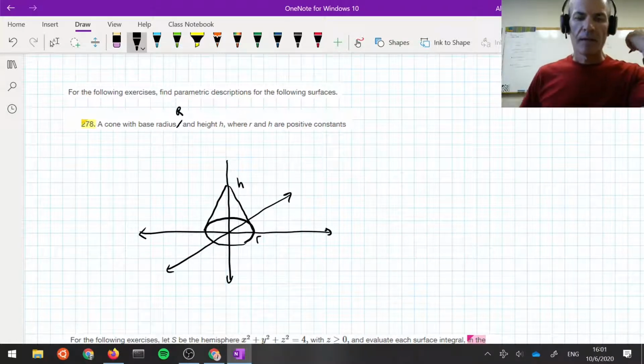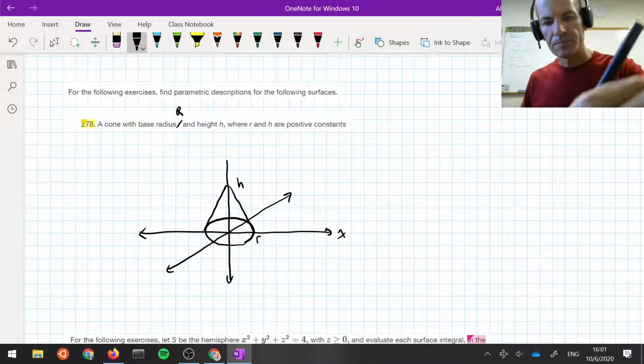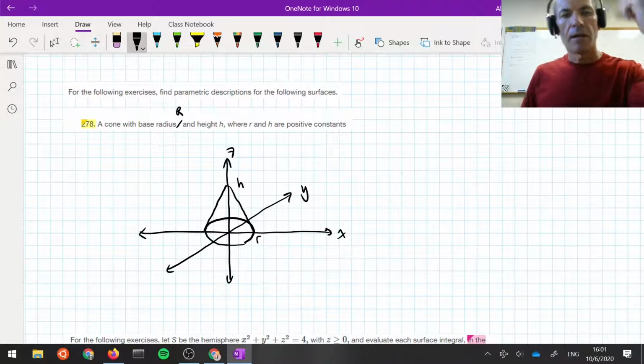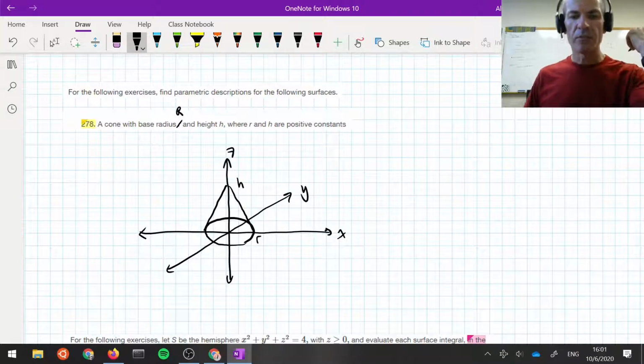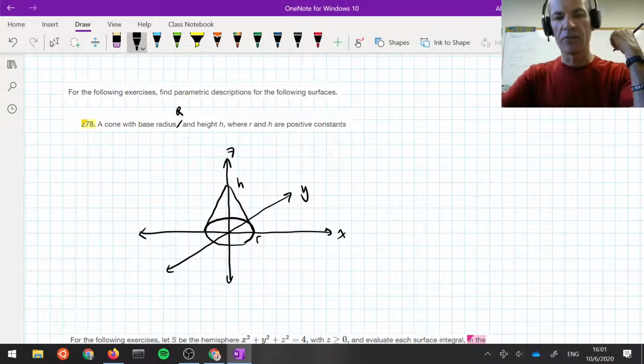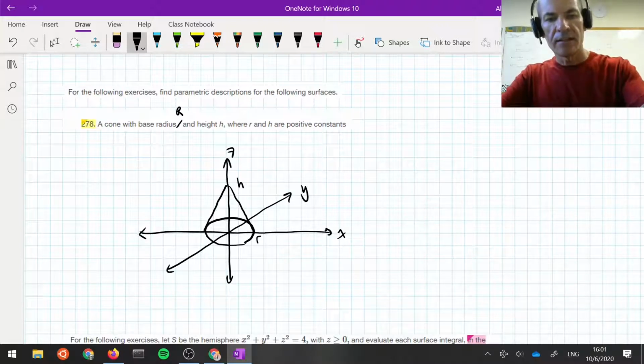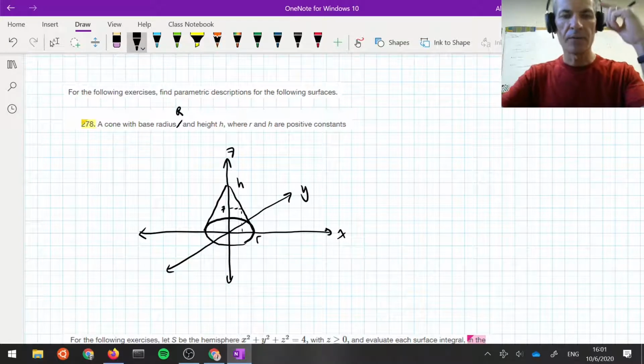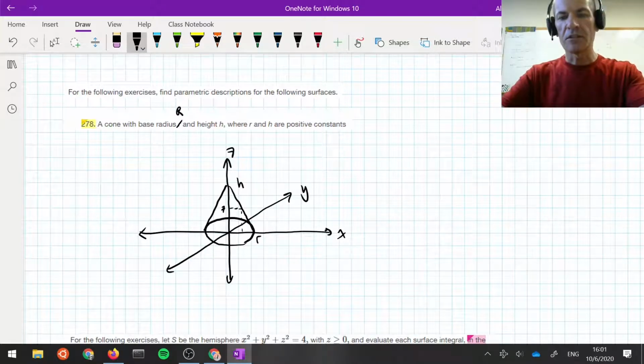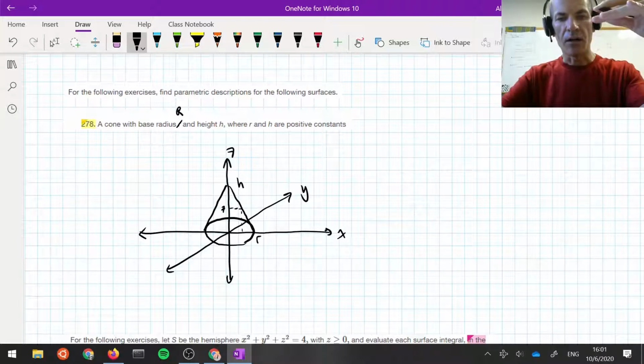All right, how do we parameterize this? Let's use cylindrical coordinates, and we see that the cross sections of this cone are circles, and essentially depend on how far away from the origin you are. So if I just move a distance r away from the origin, I'm up here, and that gives me the z value. So what I want to do essentially to start out with is just relate z to r.